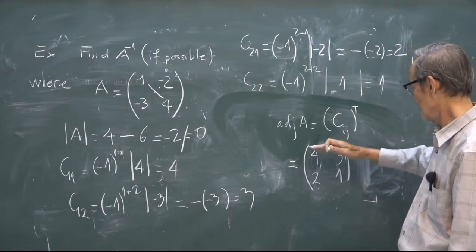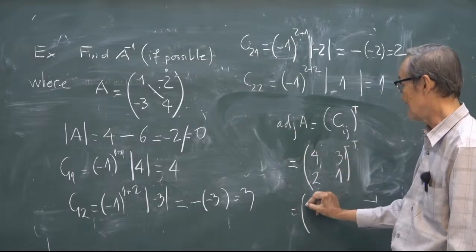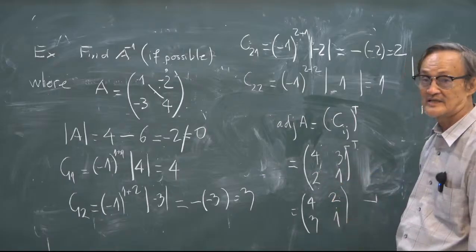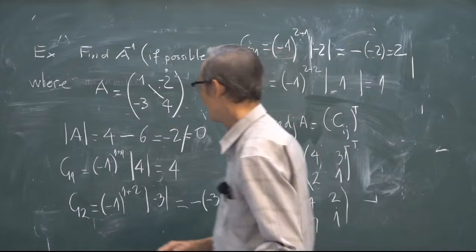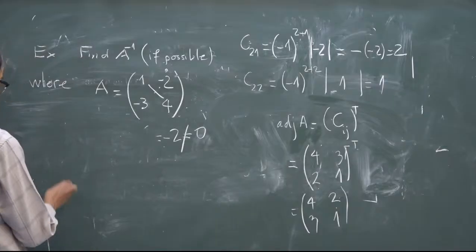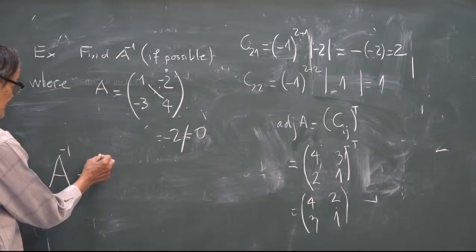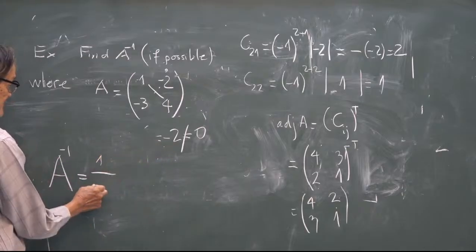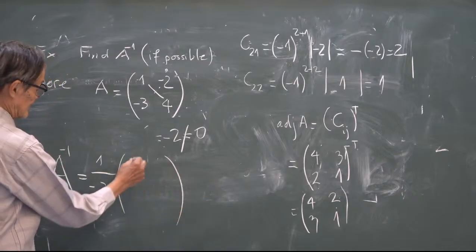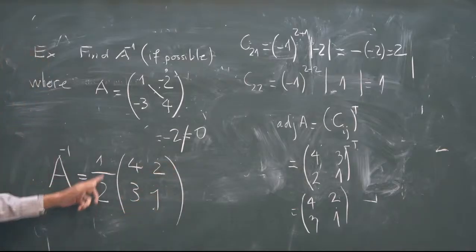Transpose: we write row 1 in column 1, row 2 in column 2. And finally we have the inverse of A equals 1 over its determinant times its adjoint, here 4, 2, 3, 1.